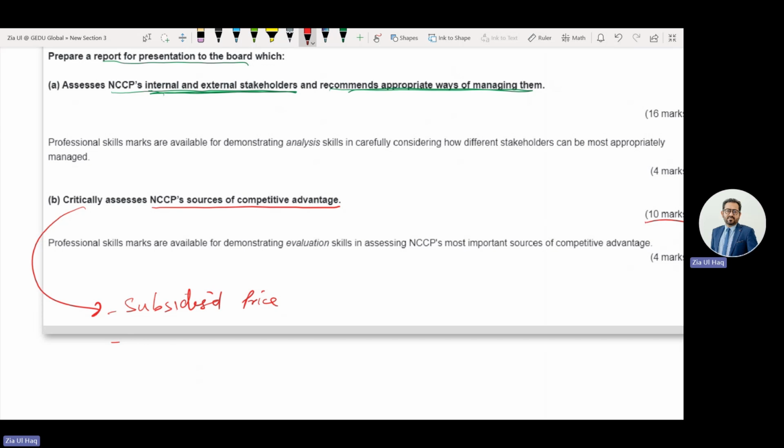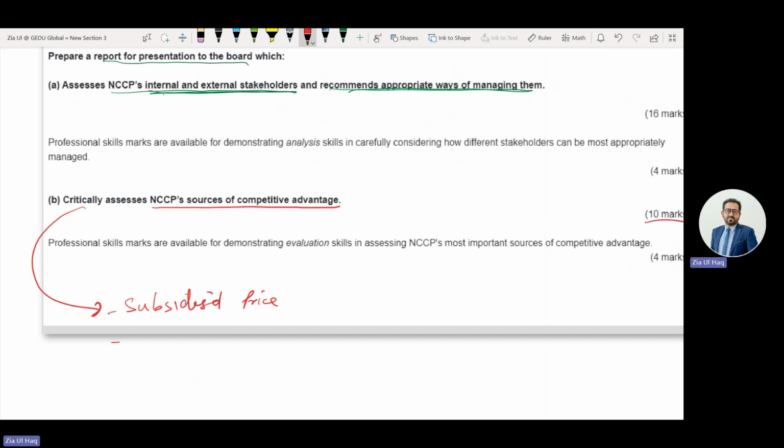What else? So how do you come up with a point like this in your mind? For example, how can I think: okay, subsidized price is a source of competitive advantage. Competitive advantage means whether you are having more customers as compared to others or not. A company will be having competitive advantage against a competitor.